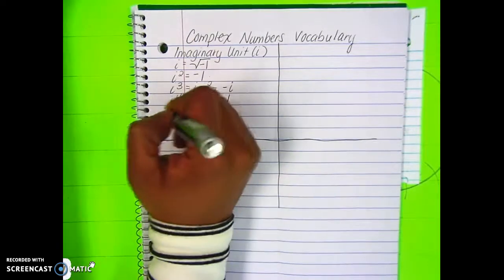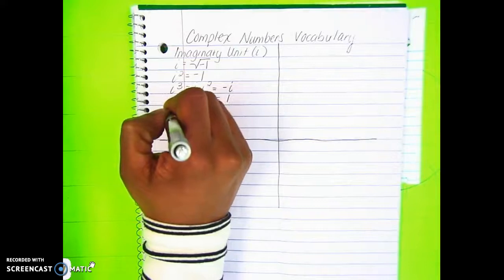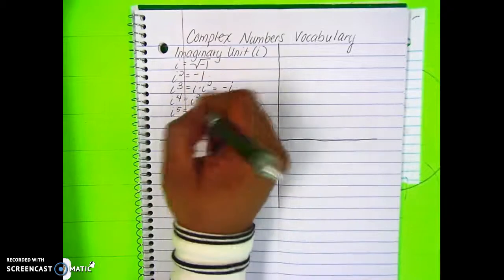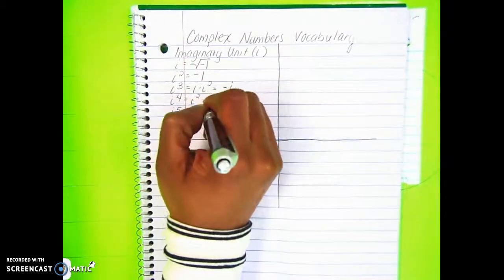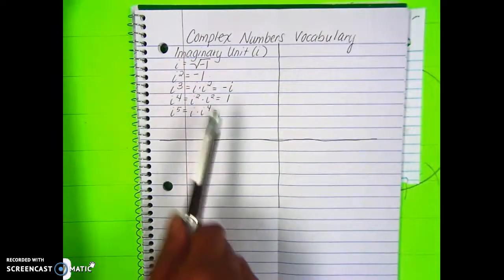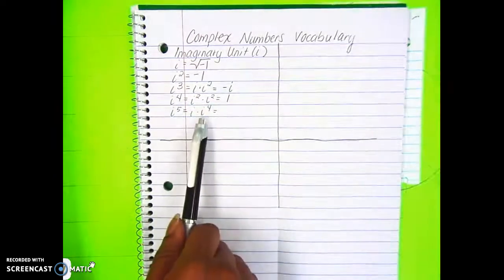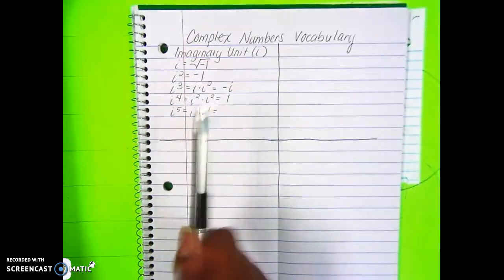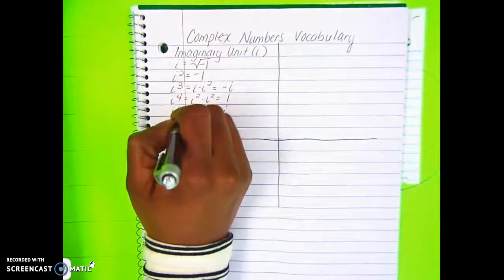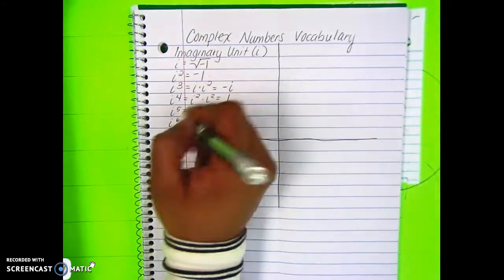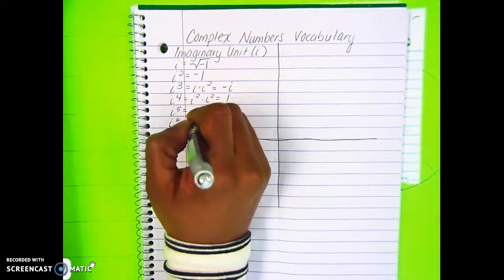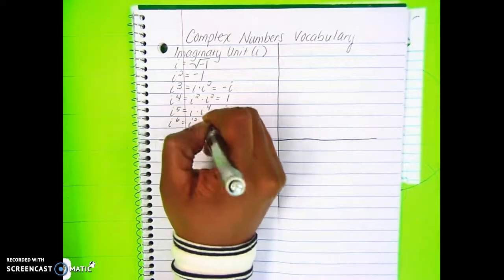Let's go ahead and write i to the 5th so you can see how it repeats. i to the 5th is equal to i times i to the 4th. i to the 4th is 1, so i to the 5th is i. Then i to the 6th would be i squared times i to the 4th.